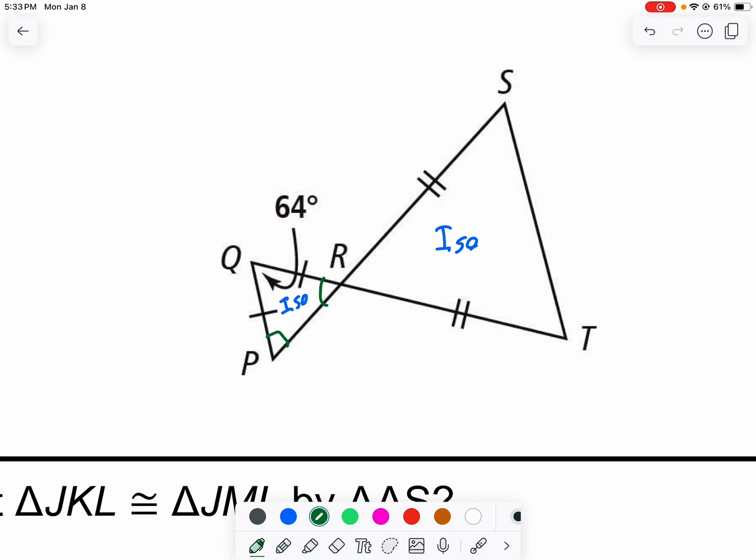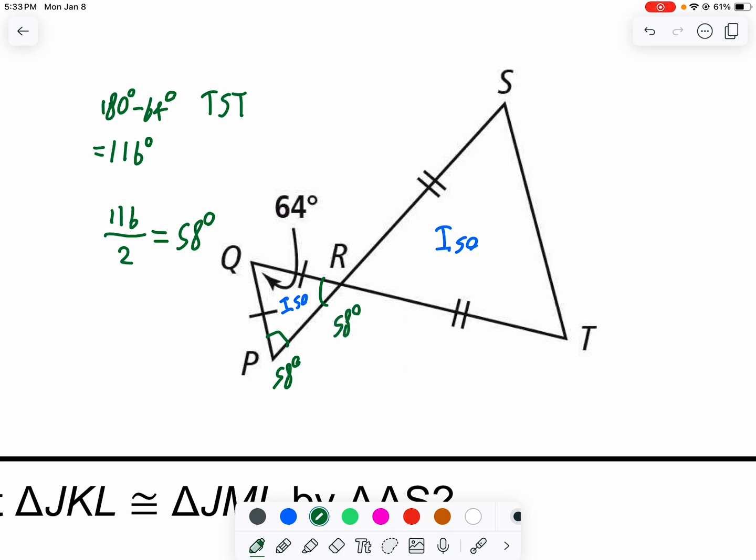Now, how do we find out what that is? Well, we can use the triangle sum theorem, TST. 180 degrees minus 64 degrees is equal to 116 degrees. Then we take 116 and divide by 2, and that's 58 degrees. So 58 degrees here, 58 degrees here. What about this angle? It turns out that this angle and this angle are congruent because they're vertical.